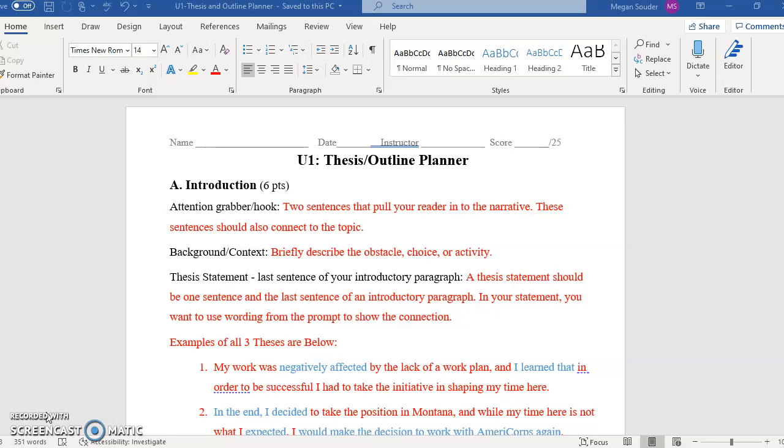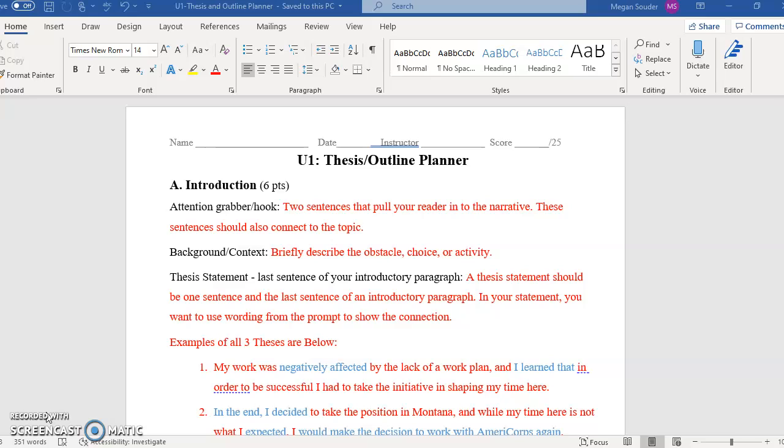The hook is 2 sentences that are meant to pull your reader in to the narrative, and that can be through thought-provoking questions, a scenario, putting your reader directly into the situation, a quote, a definition.